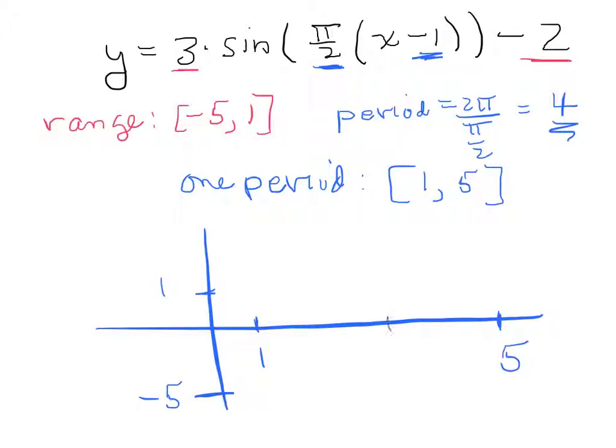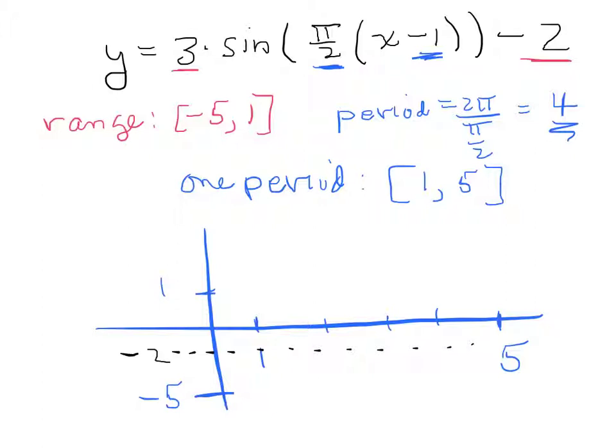I'll break that up into 4 quadrants like this. And now what I'm graphing is sine. So sine starts at the midline. Now the midline is actually going to be at -2. And so maybe I'll just kind of sketch that in right here. That's at -2. So I'm graphing sine.